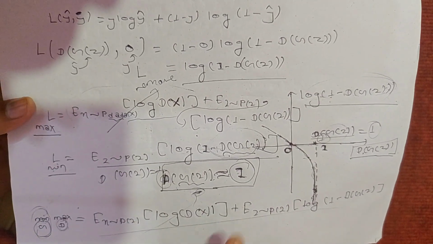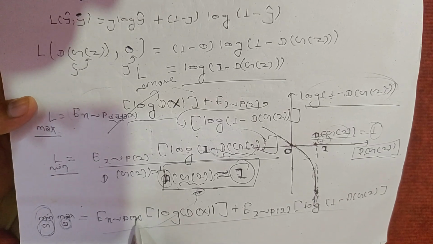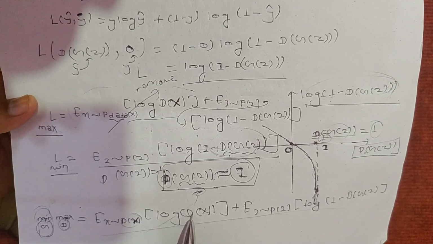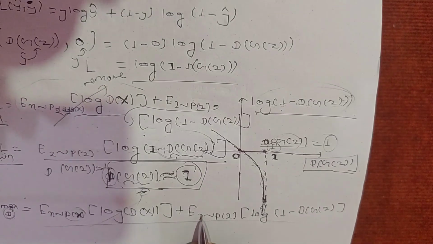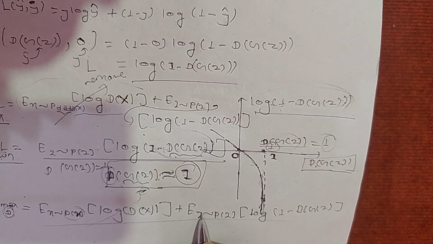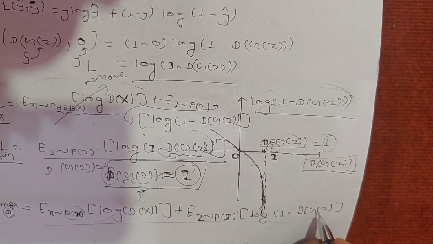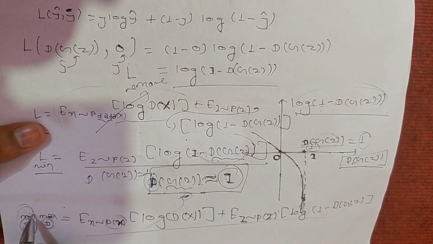We are sampling x from the known data distribution, passing it to the discriminator, and calculating log of D of x. We are sampling z from a standard distribution, passing it to the generator, and then to the discriminator.